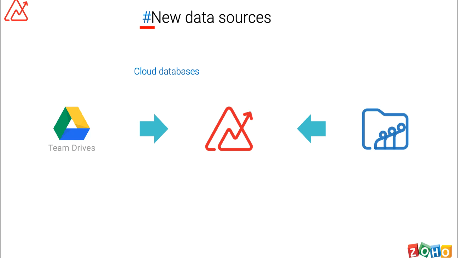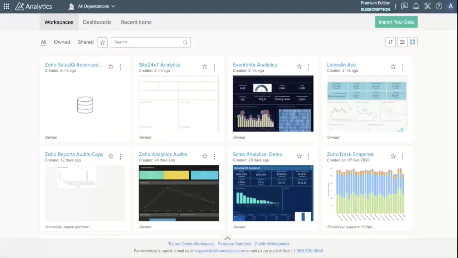For that, let's get back to Zoho Analytics. I hope you can all see my screen. All right, so I'm going to pick a sales data set that has the sales data of a grocery store. I'm going to import this data into one of the workspaces here, and I'm selecting the Sales Analytics demo workspace that you see on the screen.